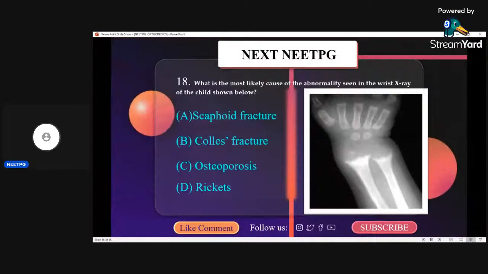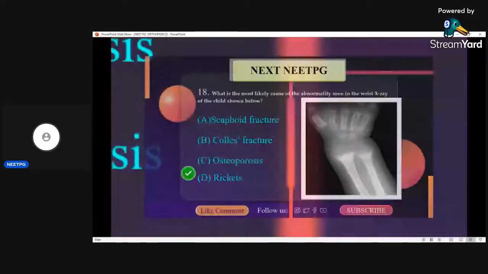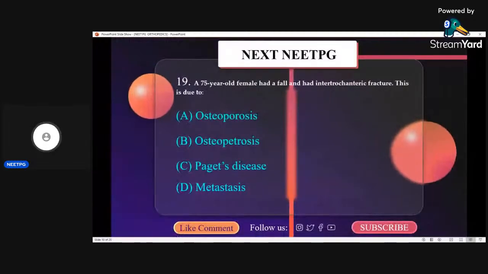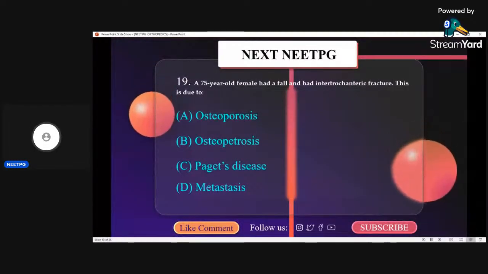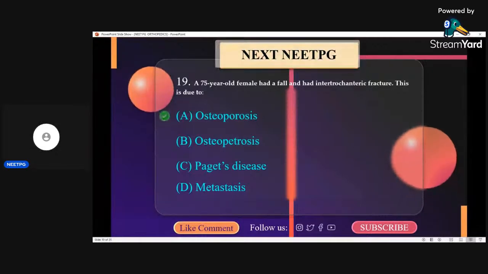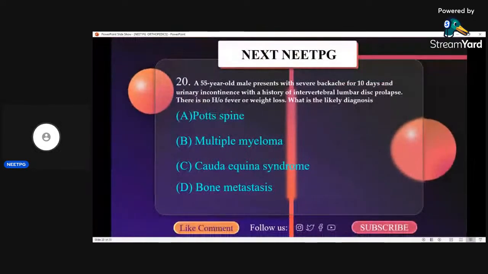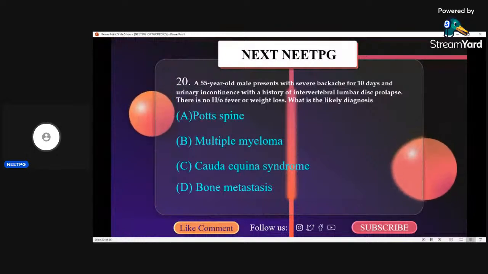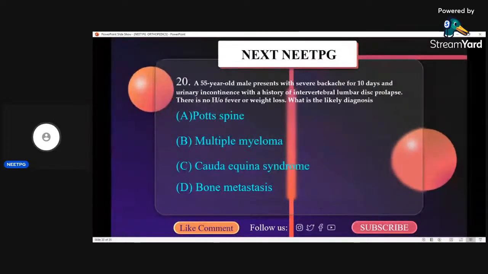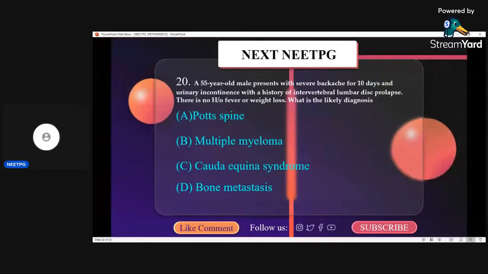It is rickets. A 75-year-old female had a fall and had an intertrochanteric fracture. This is due to osteoporosis. A 55-year-old male presents with severe backache for 10 days and urinary incontinence with a history of intervertebral lumbar disc prolapse. There is no history of fever or weight loss. What is the most likely diagnosis? Cauda equina syndrome.